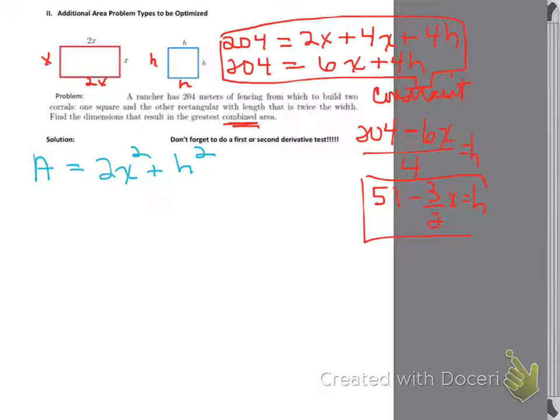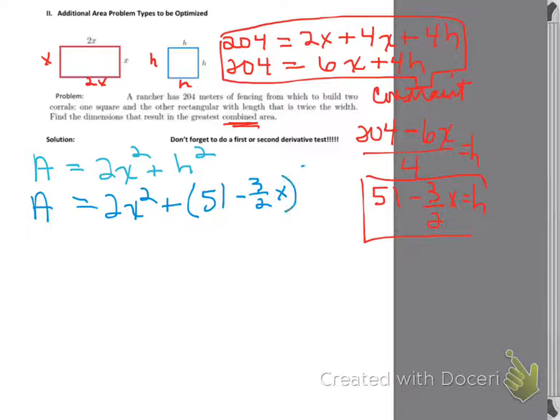So now what we'll do is we'll play around with the colors a little bit. So area is going to be 2x squared plus, and I'm going to take my constraint now for my h, but it's going to be 51 minus 3 halves x, and I have to square it.